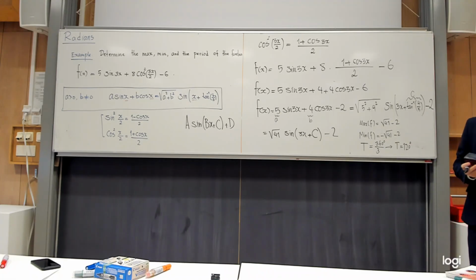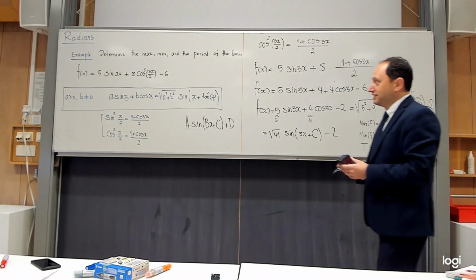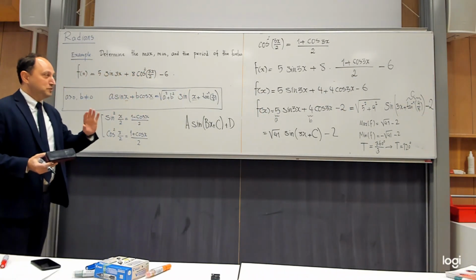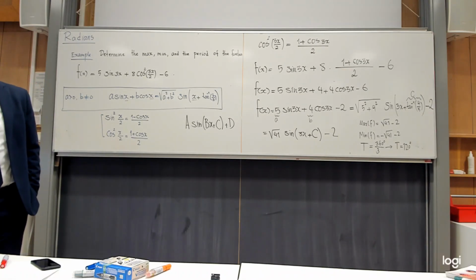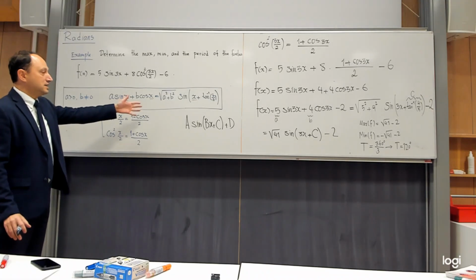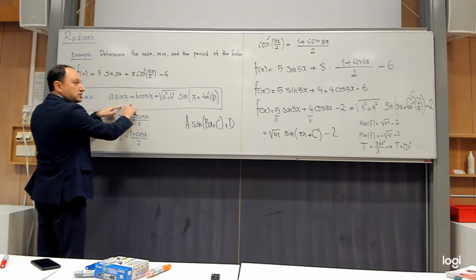And I want to tell you something. If a problem is designed so that you have to use this formula, it would be very hard to find an alternative way. So the hard questions in trigonometry are usually somehow involved with this formula, okay? So remember this combination.